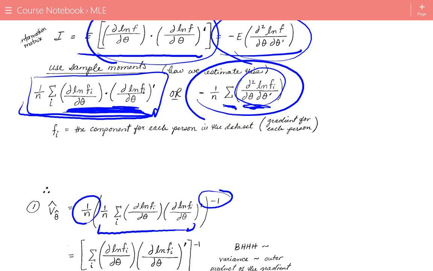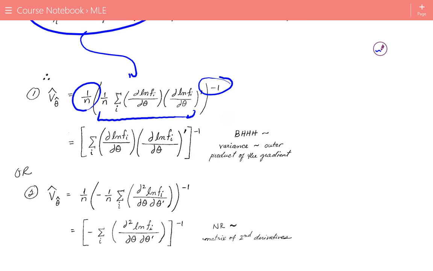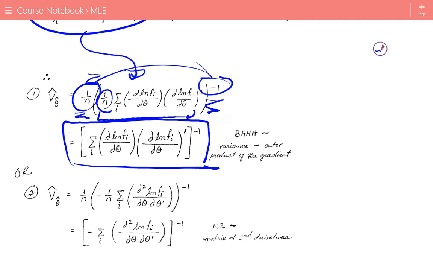So I get my information matrix here, which I plug into here, take its inverse, and 1 over n, which, if you'll notice, I've got 1 over n outside the inverse, and 1 over n inside the inverse, so they collapse and disappear, and I really end up with my estimator as the sum of the outer products of the derivatives inverted. This is the estimator that the BHHH algorithm will depend on.